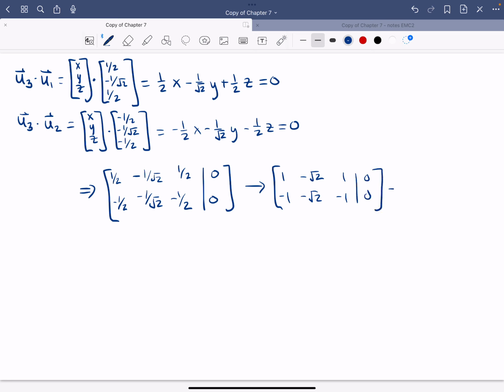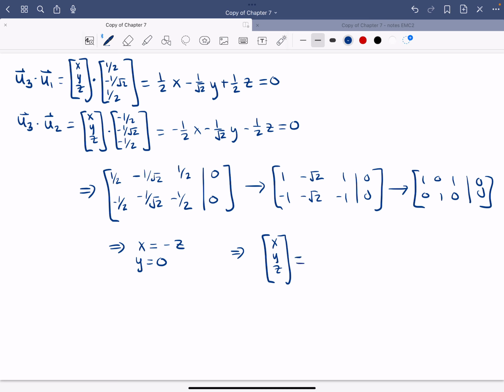If I row reduce this, it works out to 1, 0, 1, 0, 1, 0, 0, 0, which tells me that x is equal to negative z and y is equal to 0. So the vector I'm looking for, xyz, I can plug in a negative z up there, a 0 for y, and a z down there.